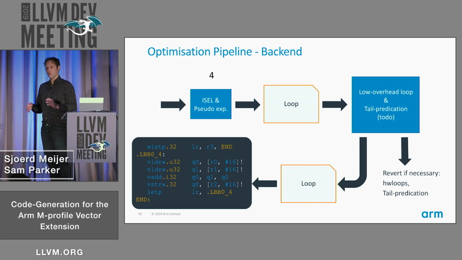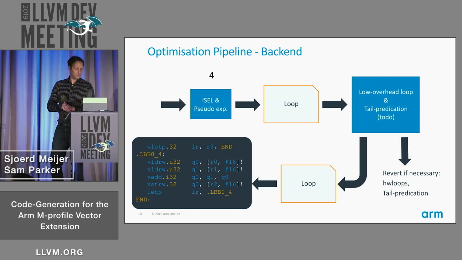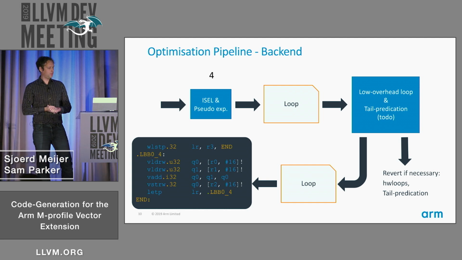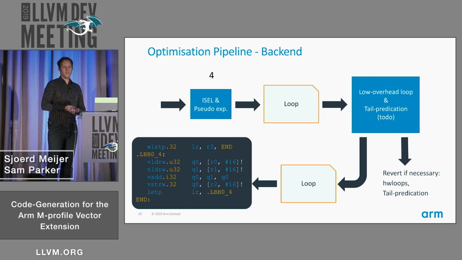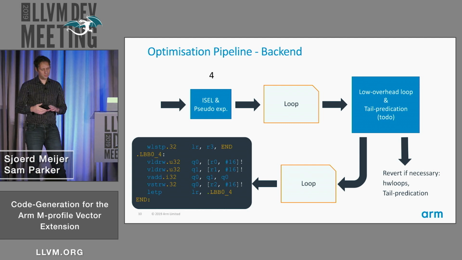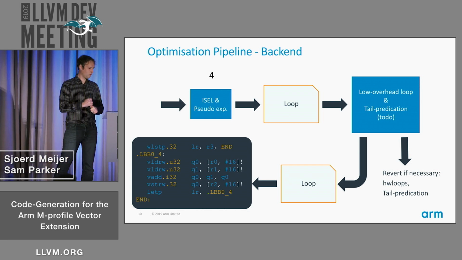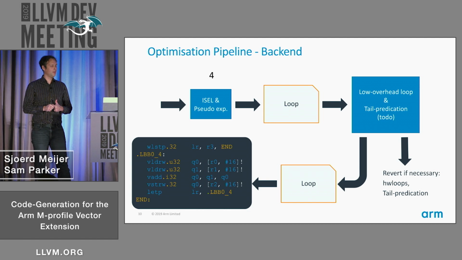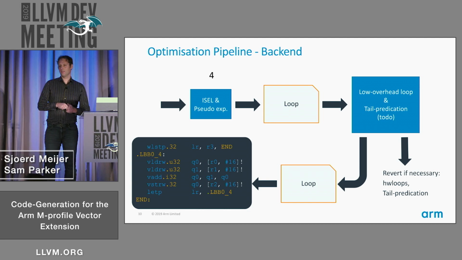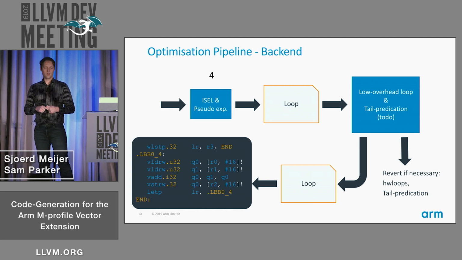where we do our normal instruction selection and pseudo instruction expansions. And we still have, of course, the tail-predicated vector hardware loop. Then we kind of repeat the things we did on the IR, but now in the backend, we have a hardware loop pass and a tail predication pass. And basically what we do there is we check if all restrictions are met. There are quite some restrictions on actually generating a hardware loop.